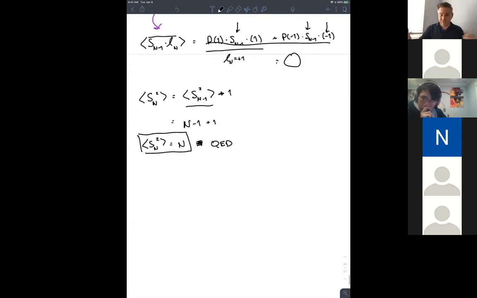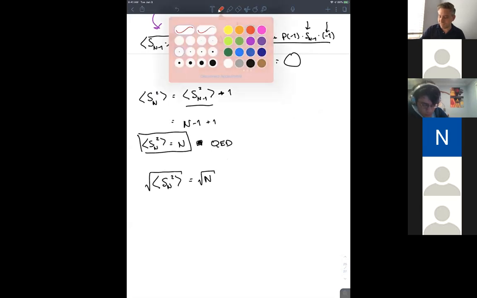So the root mean squared value, the RMS value, that is, if we take S sub n squared and we take the square root, is equal to the square root of n. All right, so now let me use a different color.